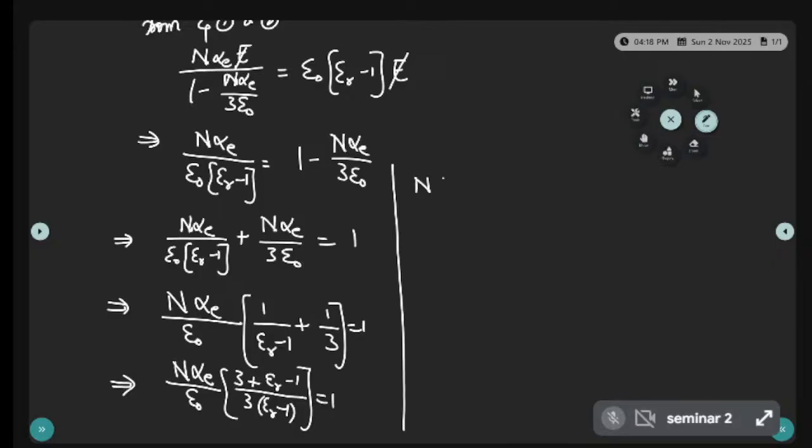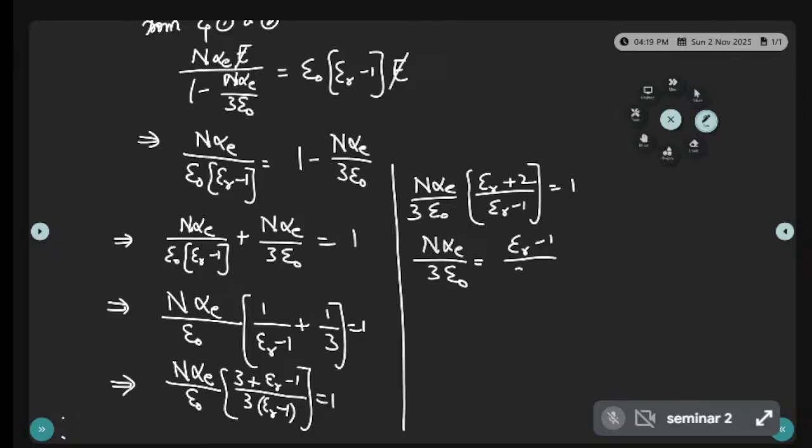N alpha E by epsilon naught into epsilon r plus 2 by 3, if I take 3 outside, epsilon r minus 1, is equal to 1. So from this, N alpha E by 3 epsilon naught is equal to epsilon r minus 1 by epsilon r plus 2. Okay. So this is what?